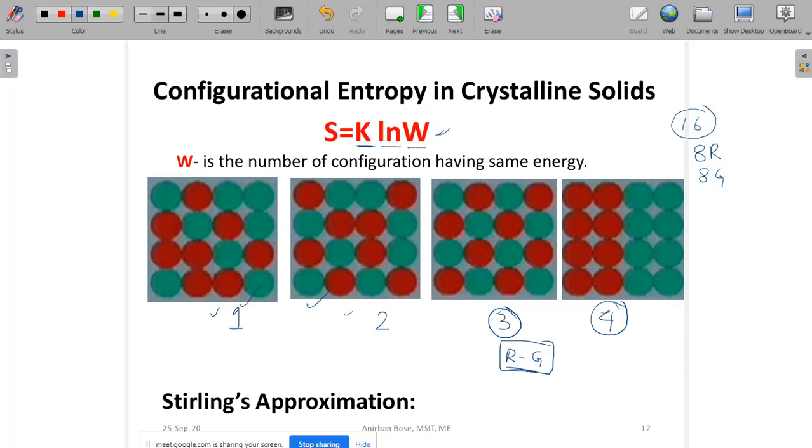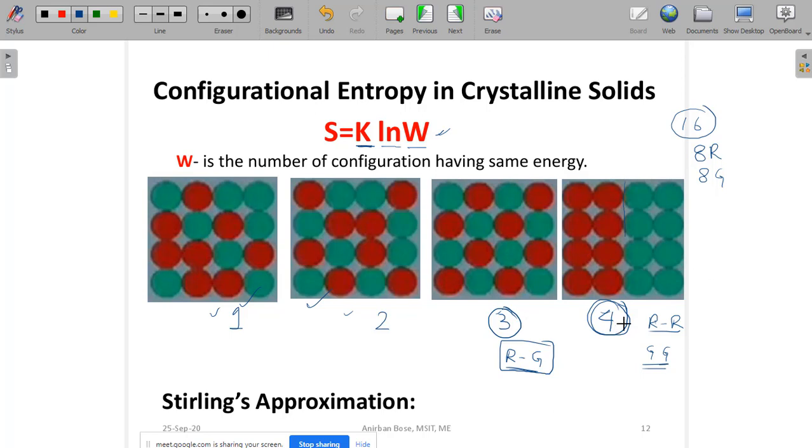Again, in picture 4, there is either only RR bond or GG bond present. You can argue that at the boundary there are RG bonds, but if you think of 10 to the power 23 atoms, only a boundary with a few bonds, you can just neglect them. Basically the bonds are either between RR or between GG.